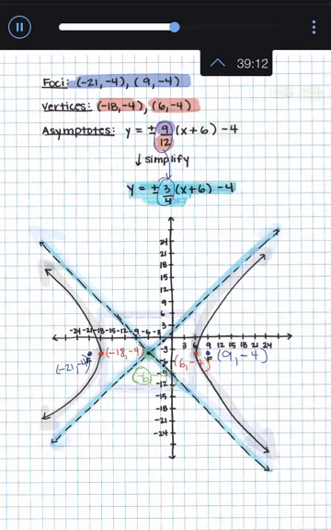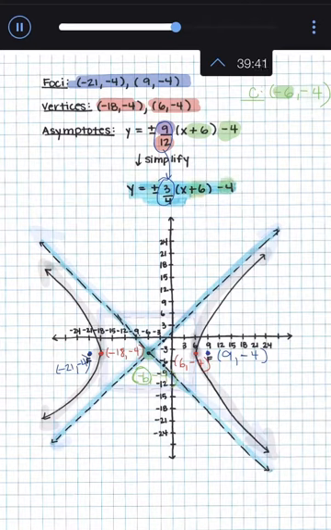And just like before, where was your center? Your center, as a reminder, was at negative 6, negative 4. Well, remember, your negative 6 is going to go inside of your parentheses with the x, so it goes in opposite, so it'll be a plus 6. The minus 4, whatever's going on with the y values, the shift up and down, is going to be on the outside, so the minus 4 stays on the outside.